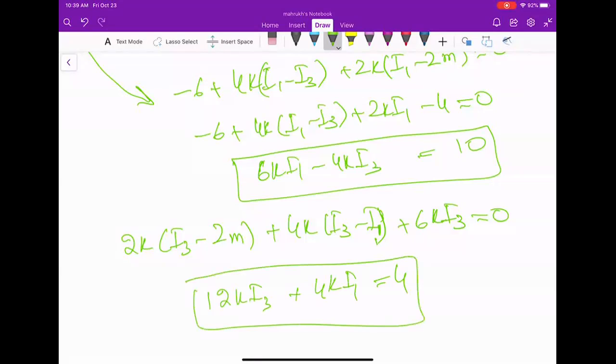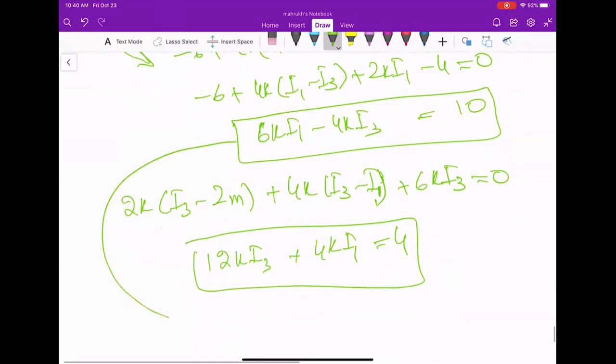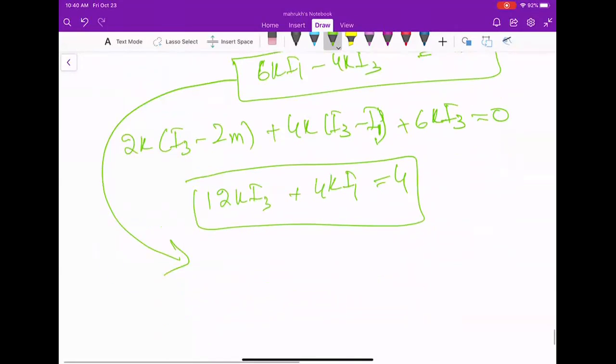So what I'm trying to do is get rid of I3. To get rid of I3, I just multiplied this by 3.